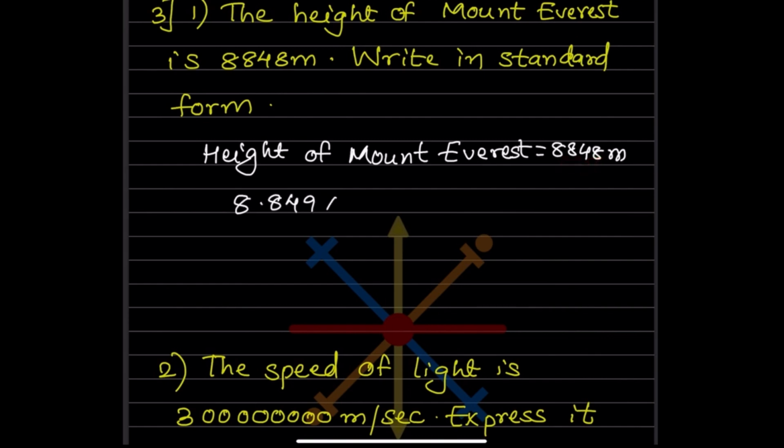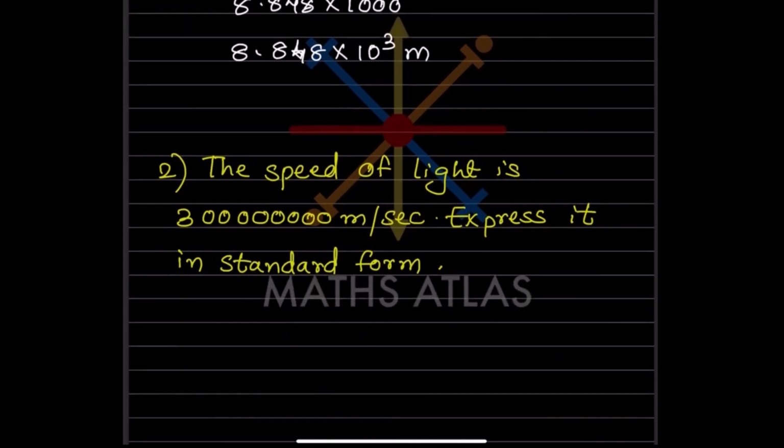You are going to multiply by 1000, means you are going to put 3 zeros. So you can also write this one as 8.848 into 10 raised to 3 and that is in meters. So this is the answer.